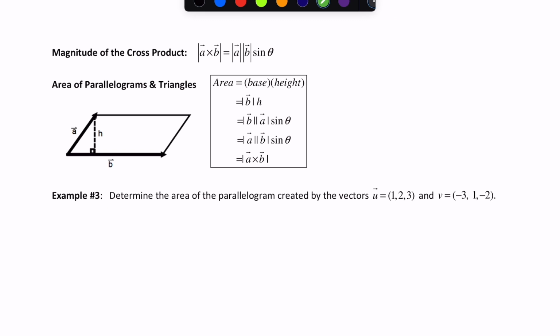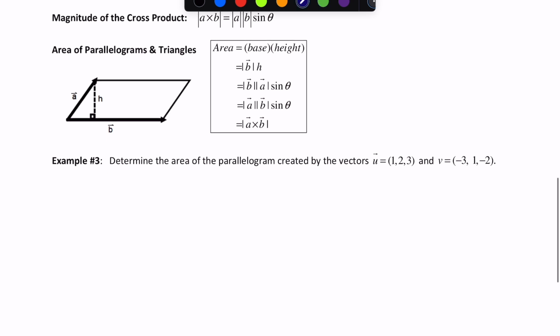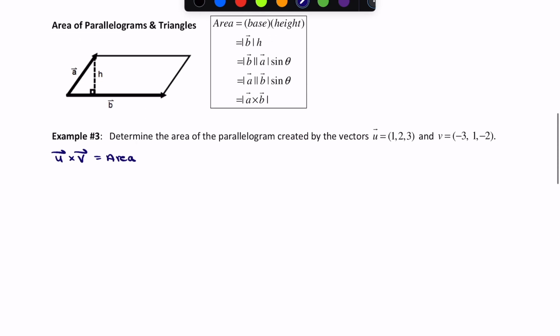If we look at the cross product of vector U and vector V, that will give us the area. So if we write our first line, it'd be 1 and -3, 2 and 1, 3 and -2.